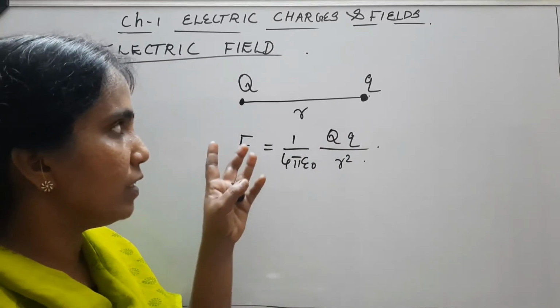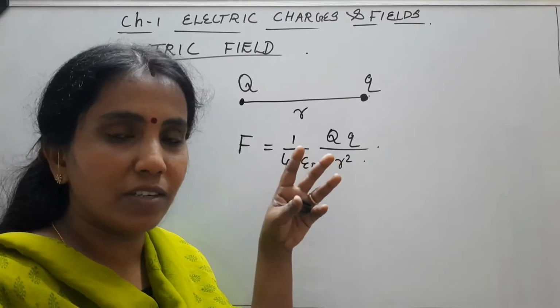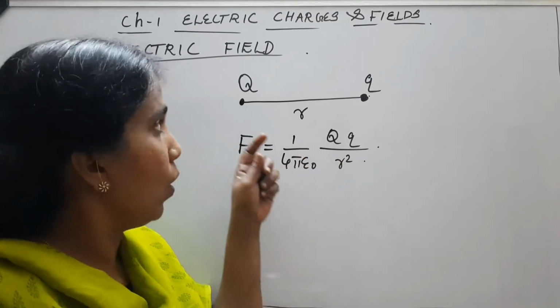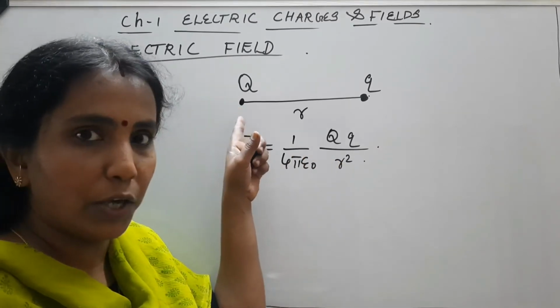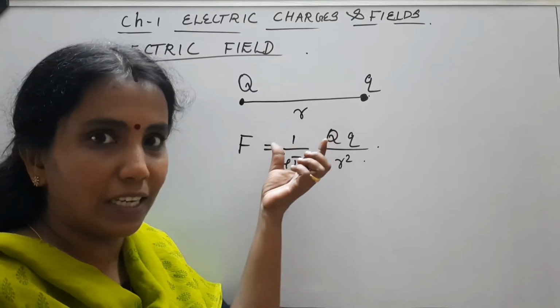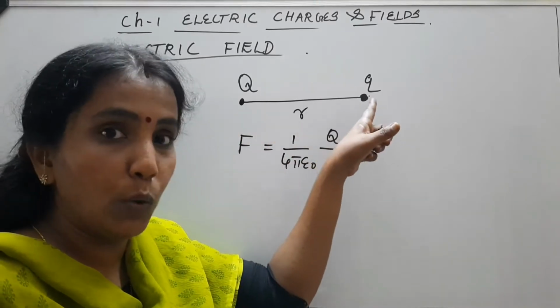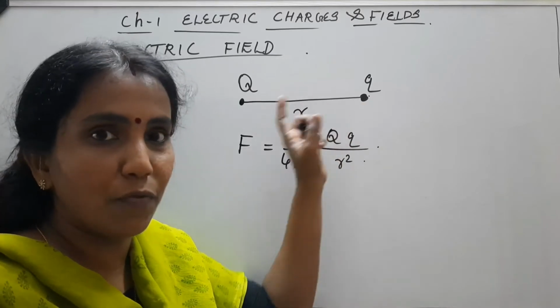Now, let's analyze this situation once again. So, we have a charge capital letter Q. In its vicinity, another charge Q is kept at a distance R from it.